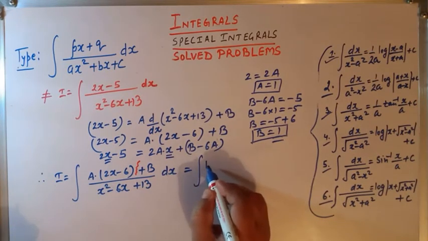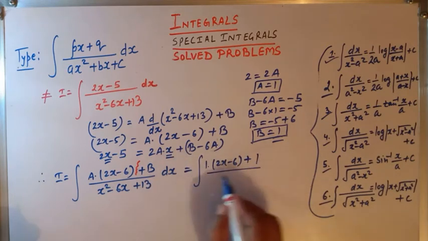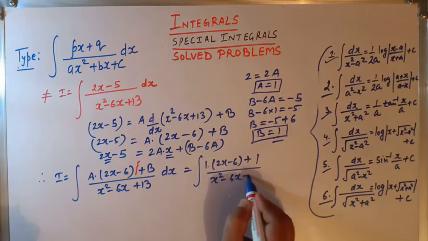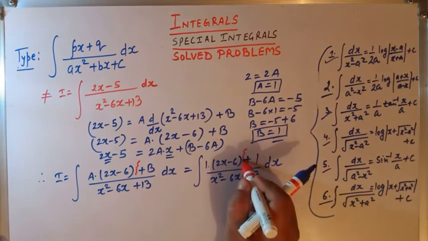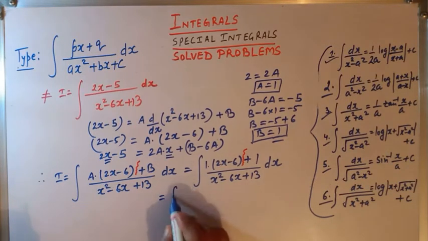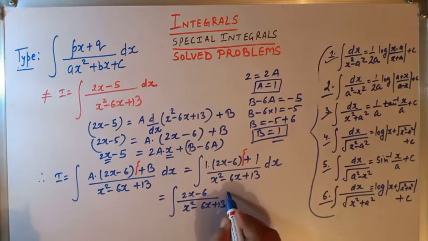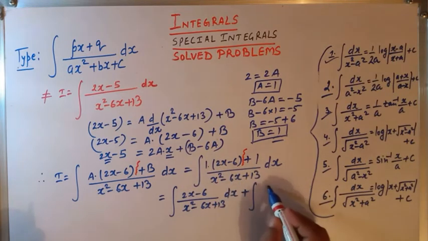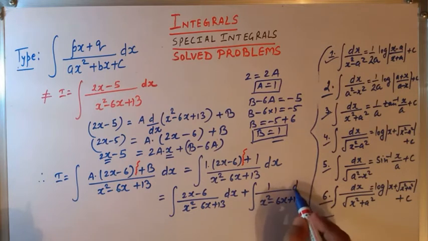So we have 1 times (2x minus 6), then plus 1, over x square minus 6x plus 13 dx. Clear? Now let us separate this expression, and we write the integral of (2x minus 6) divided by (x square minus 6x plus 13) dx plus the integral of 1 over (x square minus 6x plus 13) dx.